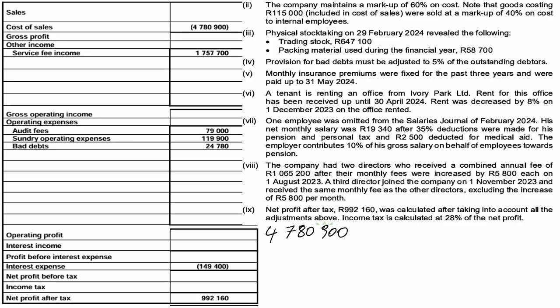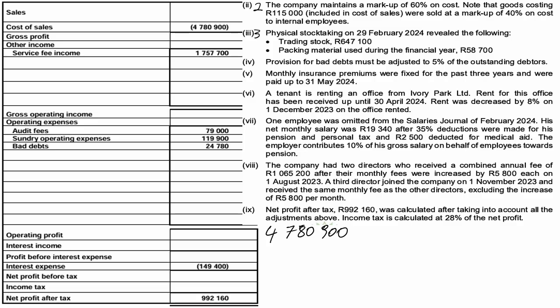4,780,900. Okay, so an additional information number 2, we are told that the company maintains a markup of 60% on cost. Note that goods costing 115,000 were sold at a markup of 40% on cost to internal employees. So it means now to the general public, guys, we are maintaining a markup of 60%. But however, when we are selling to our internal employees, we're maintaining a markup of 40%.